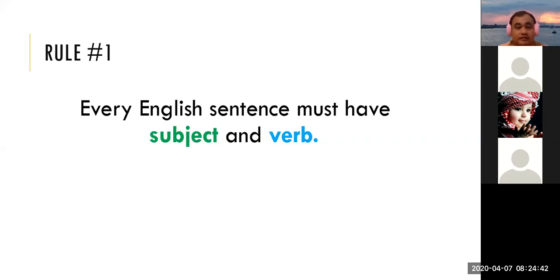So that's rule number one. Rule number two, which later you are going to discuss with another lecturer, is that every verb must agree with the subject. We are going to touch on that a little bit. The first thing we are going to start with is discussing what a subject is.